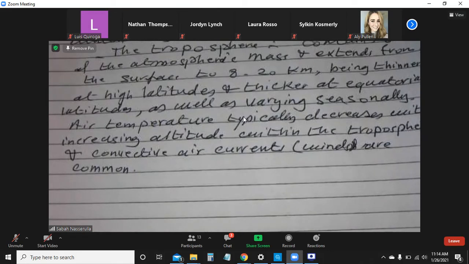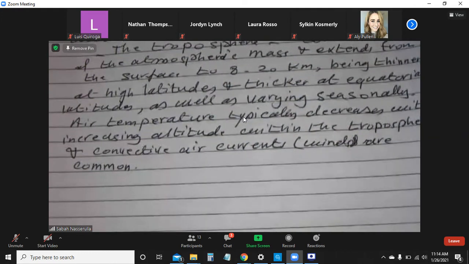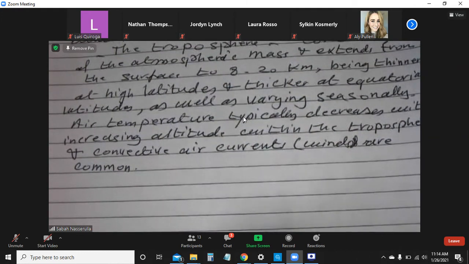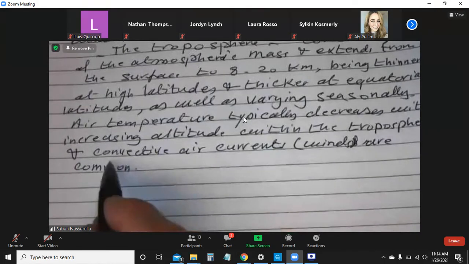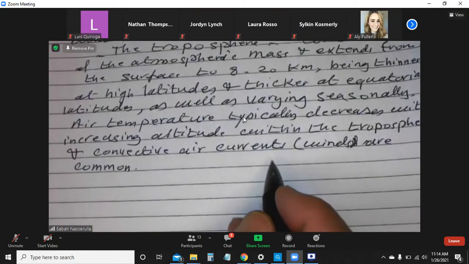And basically, sometimes we call the troposphere the weather layer because of that.